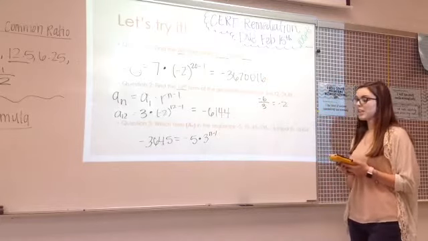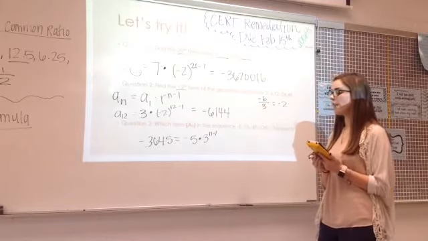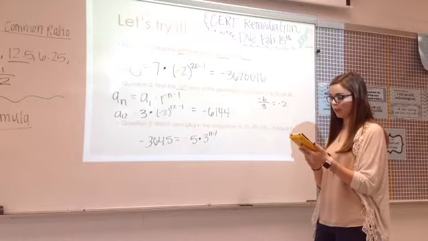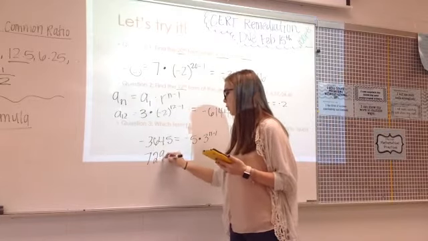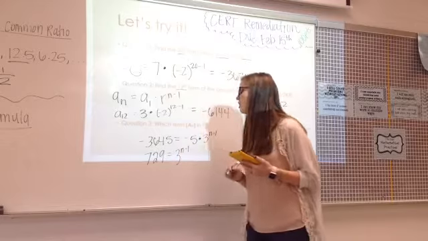All right, so first thing we need to do is move the -5. So we do -3,645 divided by -5. And we get 729 equals 3 to the n minus 1.